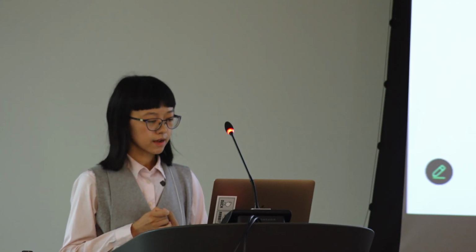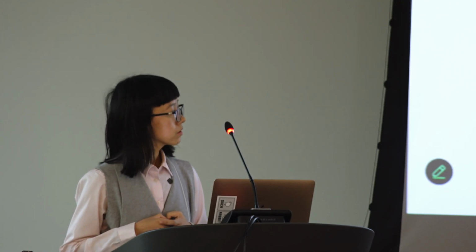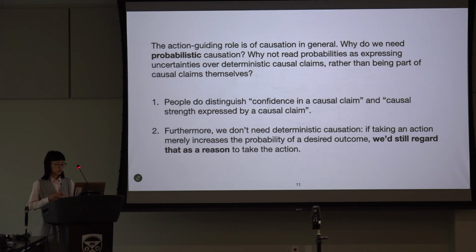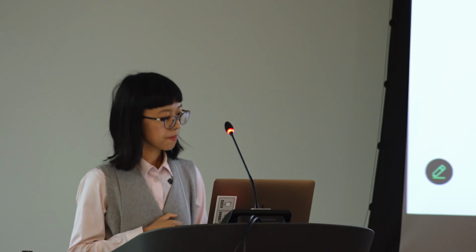So their roles are not interchangeable. And more importantly, we don't really need a deterministic causal notion to motivate us. If taking an action merely increases the probability of a desired outcome, we would still regard that as a reason to take the action.